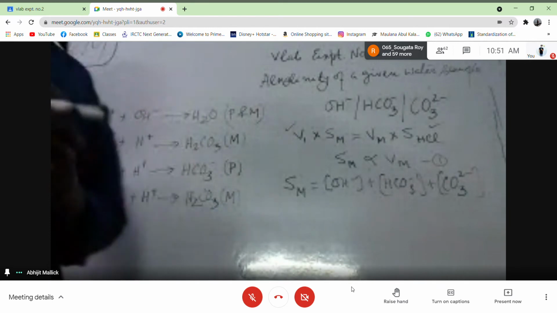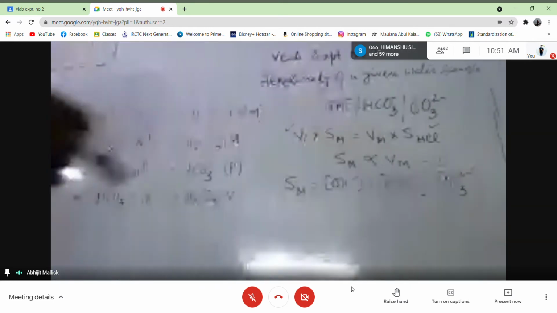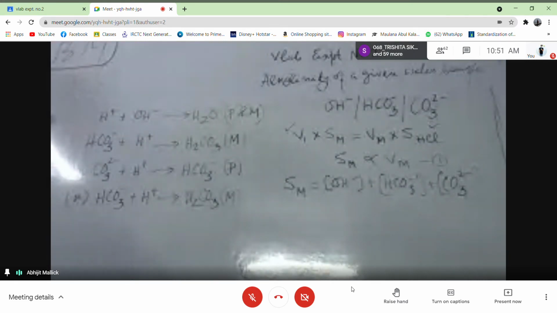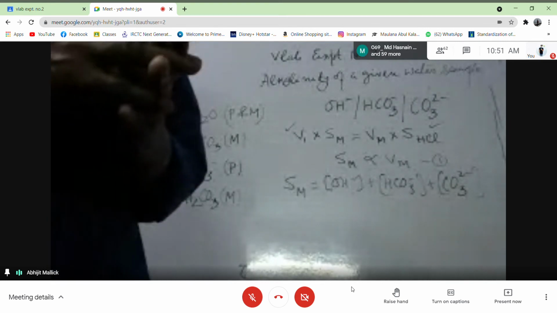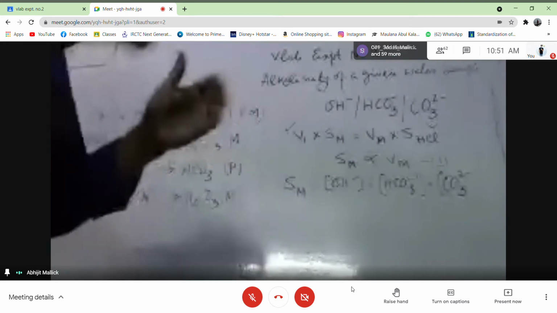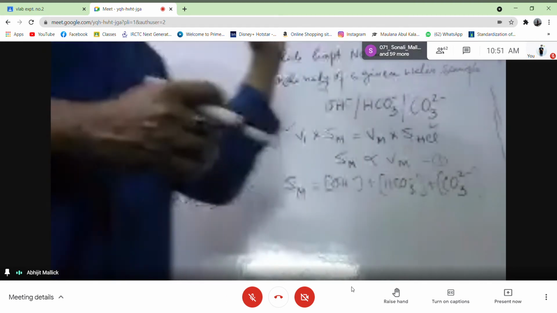Otherwise, if we want to find out individual concentration, we must use another indicator, that is phenolphthalein. Now the question is, why are two indicators used? Two indicators are used to determine individual concentration of the basic radicals.